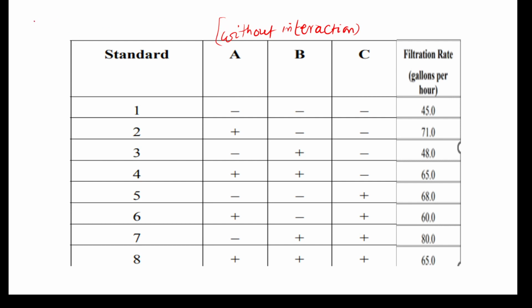Can anyone calculate the effect of A, B, C? I'll say the formula: A is equal to y bar A positive minus y bar, meaning mean, of A negative. Just calculate and then tell me A is equal to how much, then B, then C. Then I'll solve. Just 1 minute.